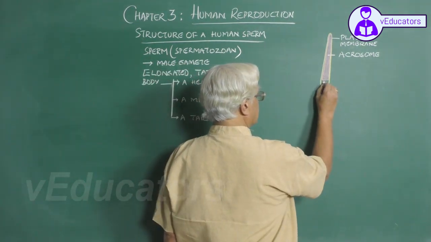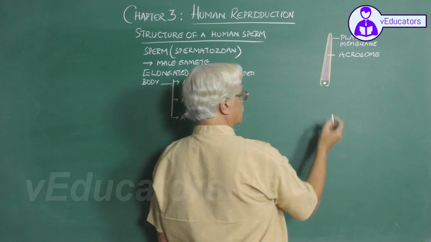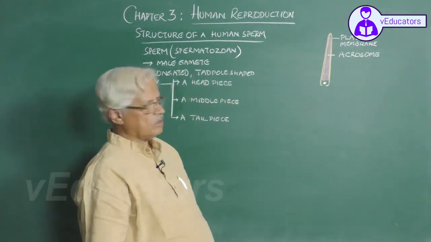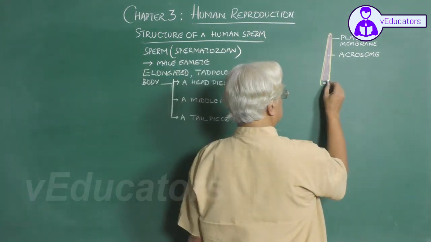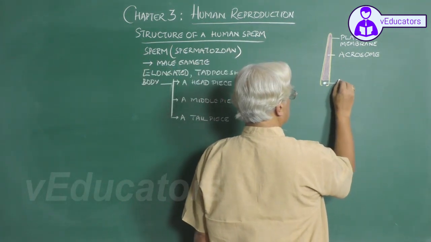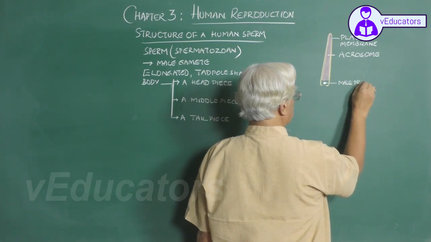At the base of the acrosome is present the haploid nucleus of the sperm. It is called male pronucleus.